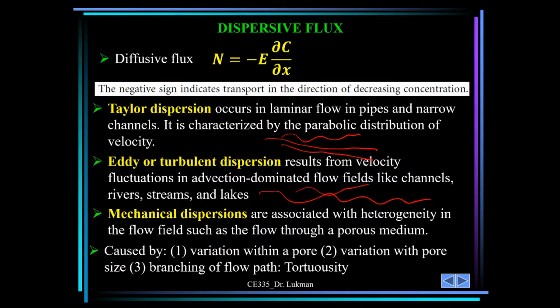It will not flow in a straight line as if you have a pure liquid without any porous medium. It will be zigzag, irregular shaped, moving from this angle to that angle. That is the tortuous path. So all this contributes to the mixing effect, which is causing the mechanical dispersion.